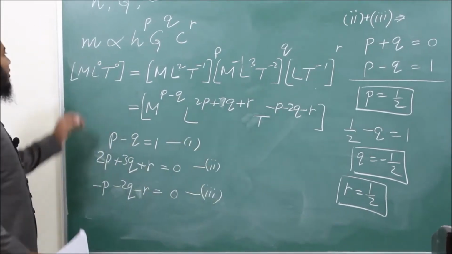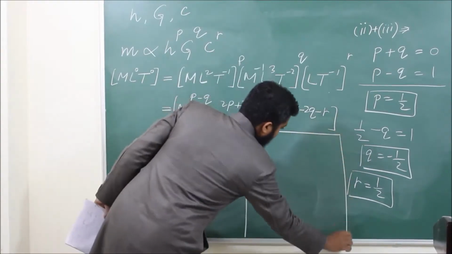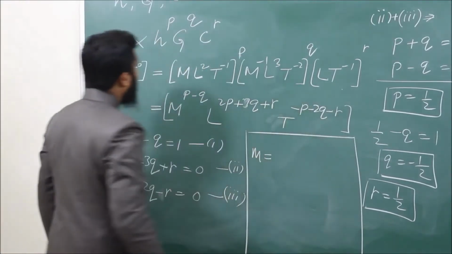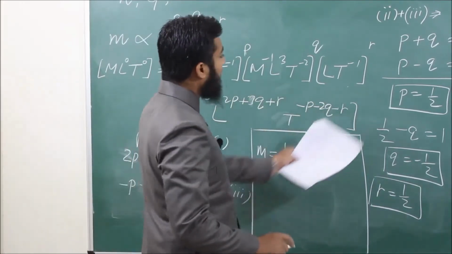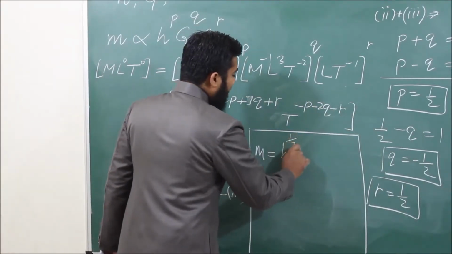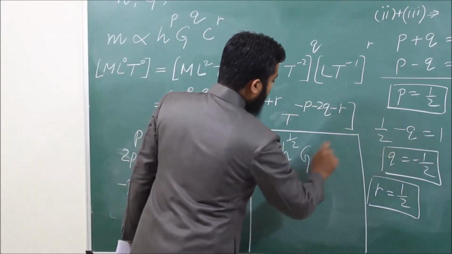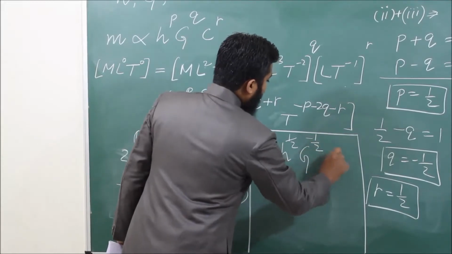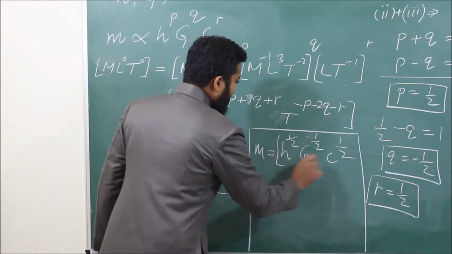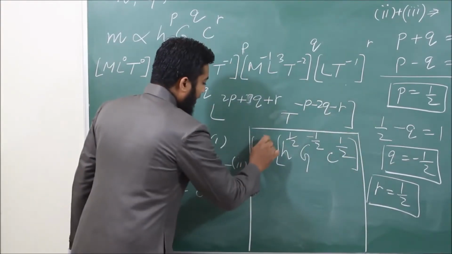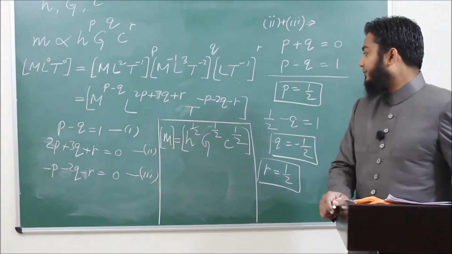Then the dimensional formula of mass in terms of these quantities will look like this: M will be equal to h raised to the power p, which has a value half, and G raised to the power q, which has a value minus half, and c raised to the power r, which has a value plus half. So this will be the dimensional formula of mass if I choose h, G and c as base quantities.